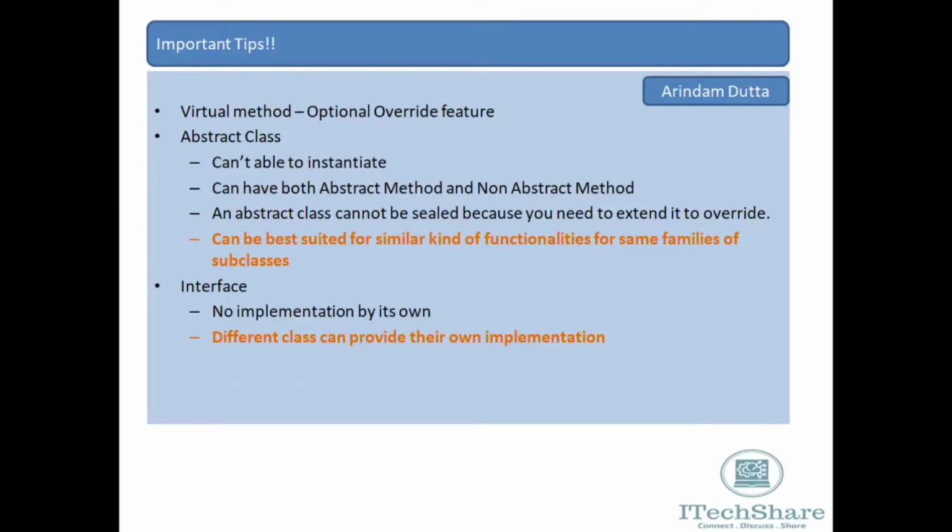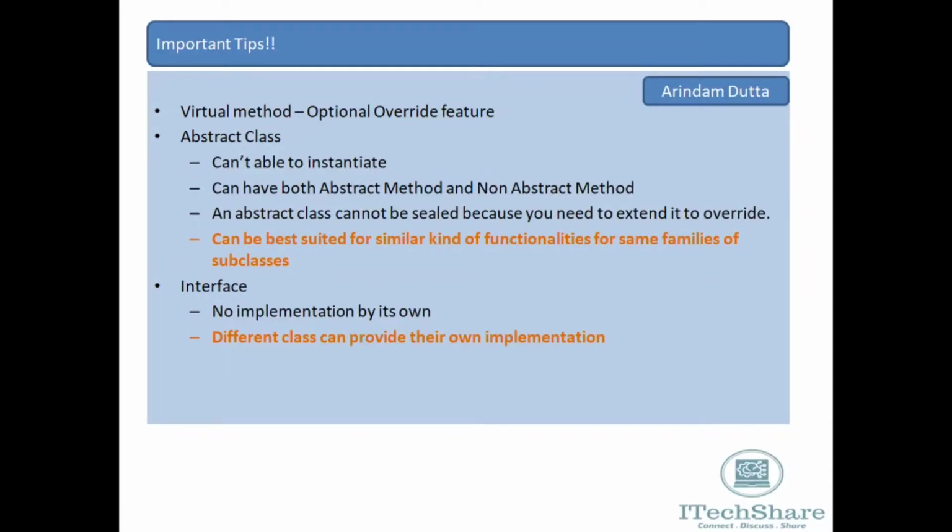In that case you can go ahead with the abstract class. For example, if you have different types of employees like admin employee, finance employee, HR employee, all these types belong to the employee class, right? Those are the same type of entity, employee, but with different functionalities.